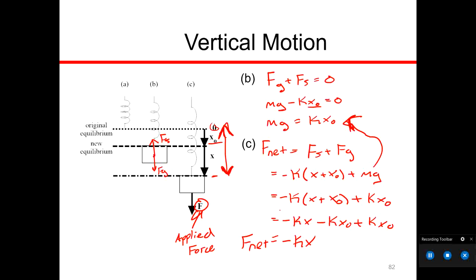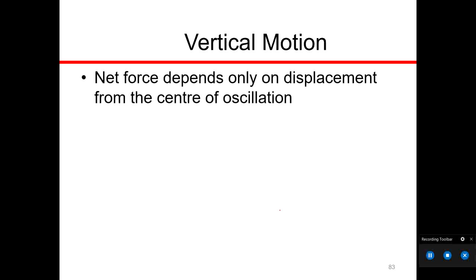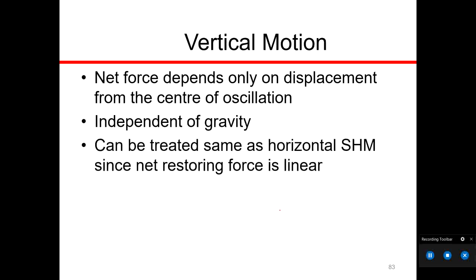So this is the same equation that we would have used for the horizontal motion if we didn't have friction. So net force depends only on the displacement from the center of oscillation. It does not depend on gravity. Okay, and we can treat it the same as horizontal simple harmonic motion since the restoring force is linear.